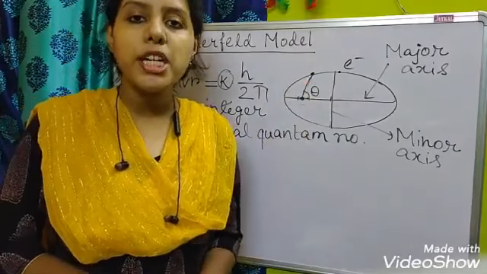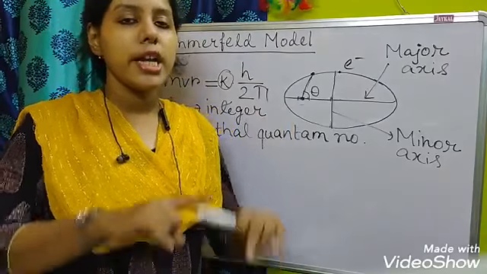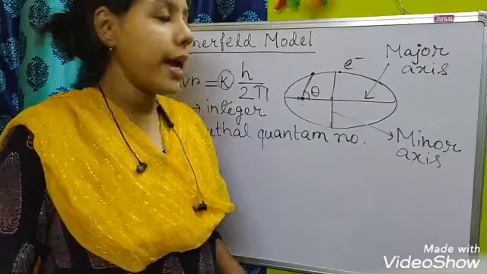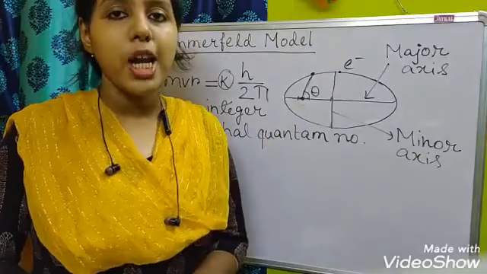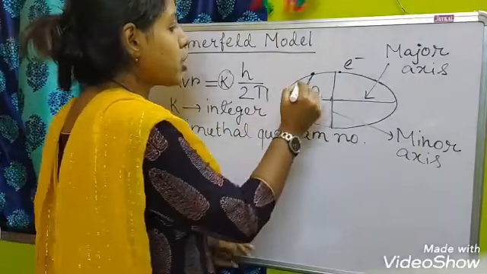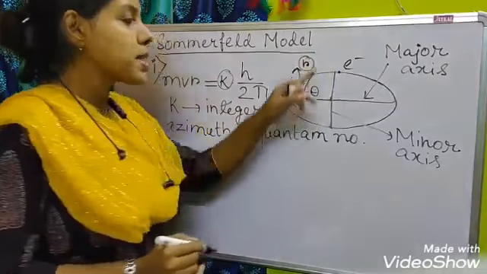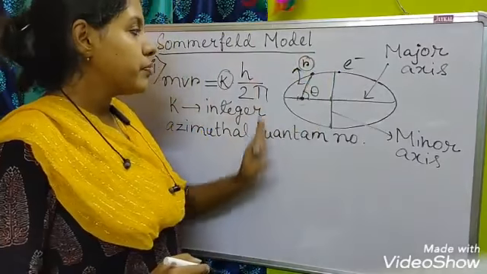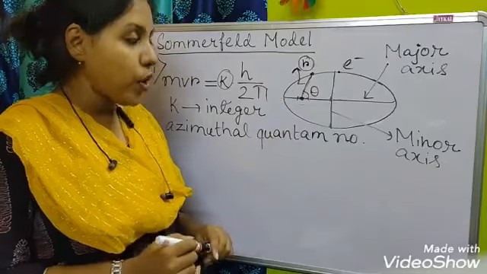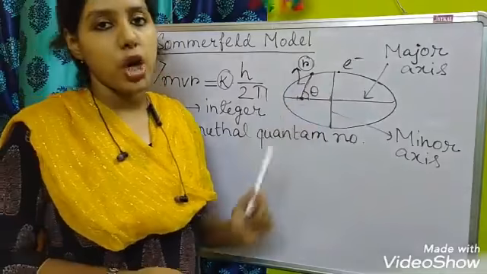In the circular orbit we know this as the radius, because in a circle the radius is the same everywhere. But in an elliptical orbit, the radial distance, denoted by r, is not the same everywhere. So here the radial distance as well as the angle of revolution both change with the revolution of the electron.